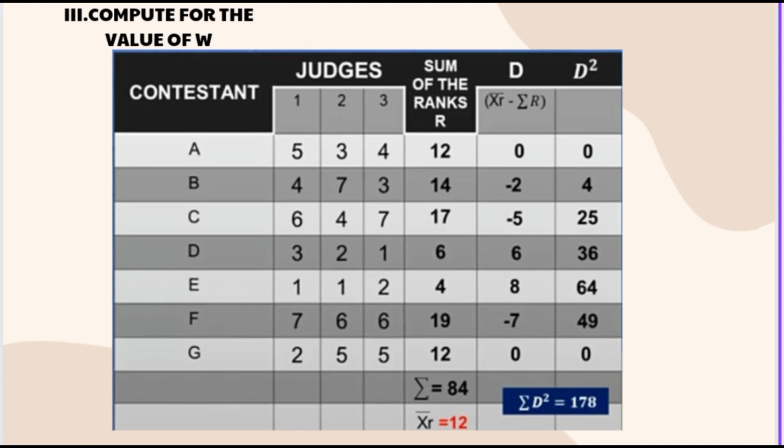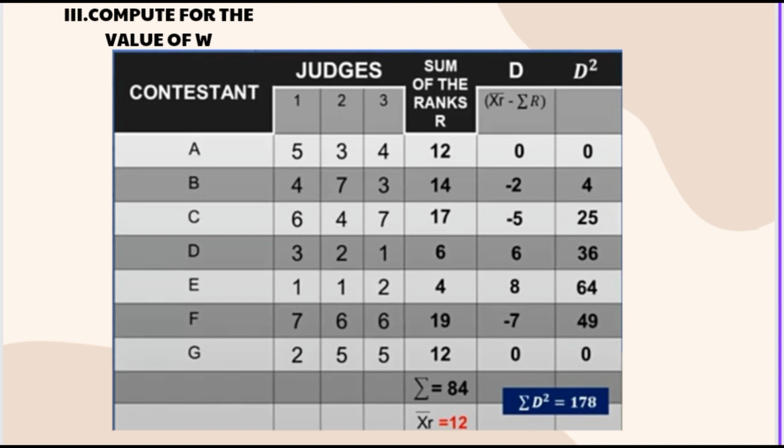It's the same process. To get D squared, we square them. So 0 stays 0. Negative 2 squared, we get 4. It is positive 4 because a negative times a negative gives a positive. The procedure is the same for the rest below.